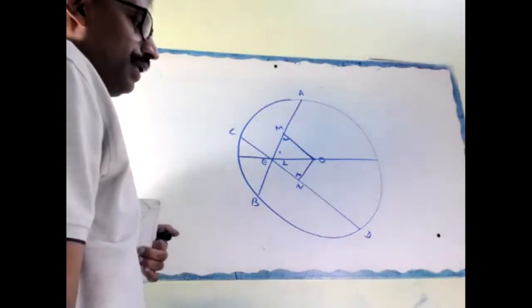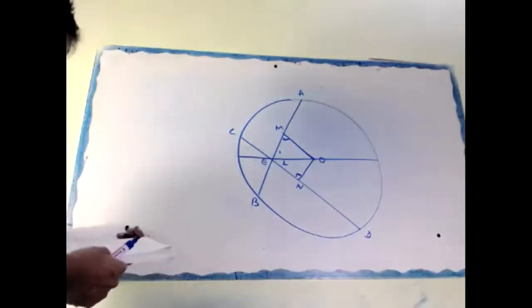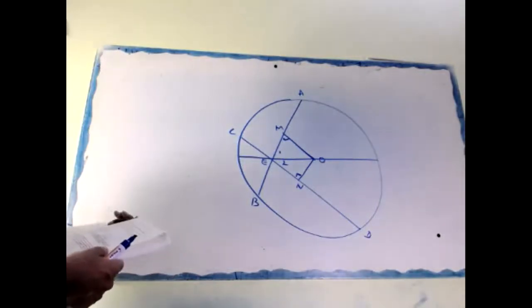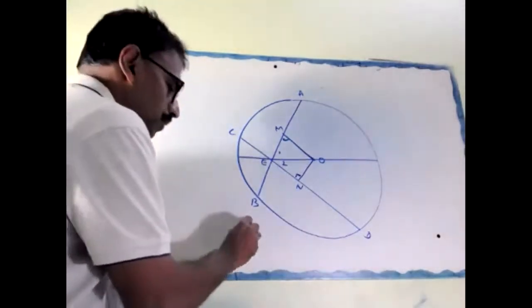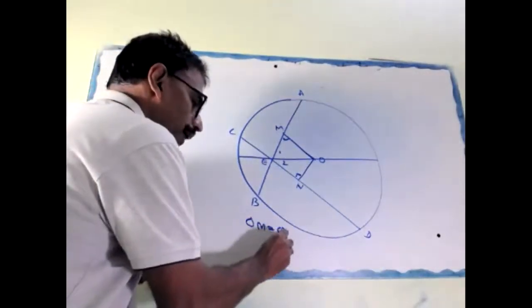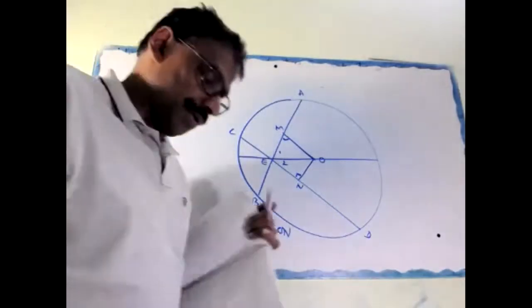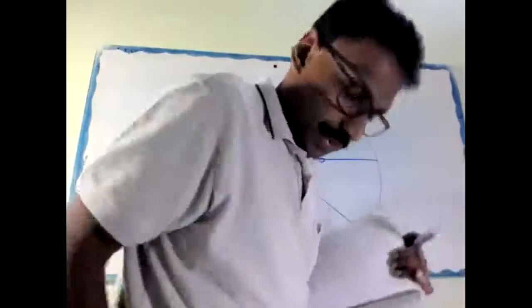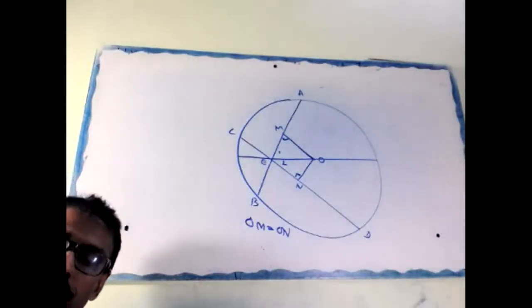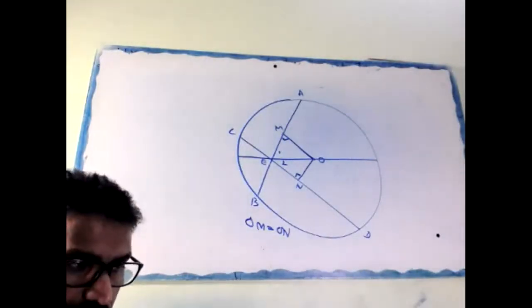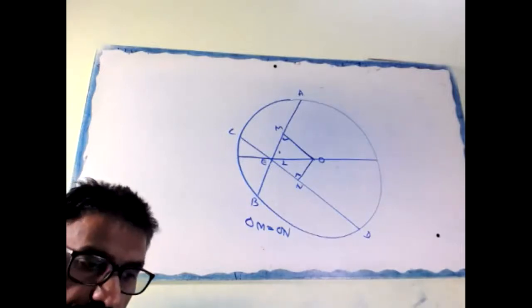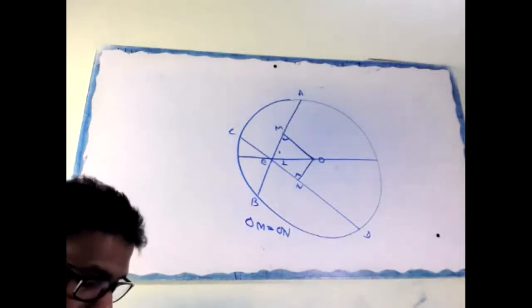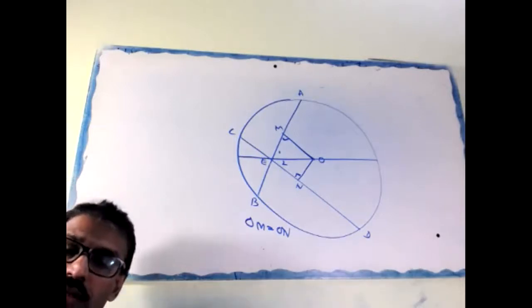OE equal to OE, common. Therefore, these triangles are congruent by AAS. Correct or no? Hence, OM equal to ON, CPCT. Hence, AB equal to CD. Why? Equal chords theorem: you all learned that chords equidistant from the center of a circle are equal. Clear now?